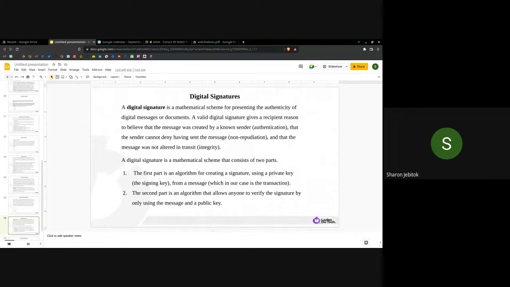So this gives a reason for the transaction to be valid: it came from an authenticated sender, and also the sender cannot deny having sent the message. They can't say that they didn't facilitate or verify this transaction.